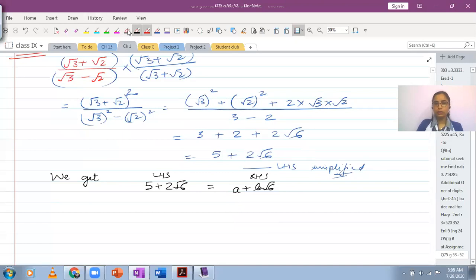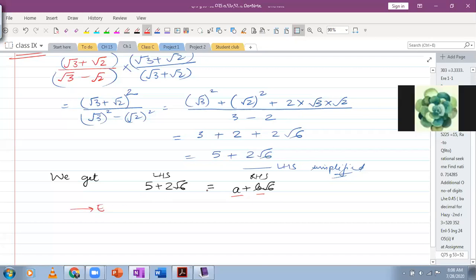At this point, I would like to know what a and b represent. So since it's an equation, the parts of the equation will be equal.